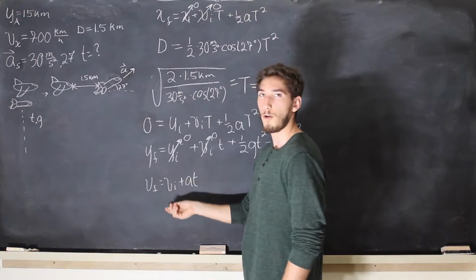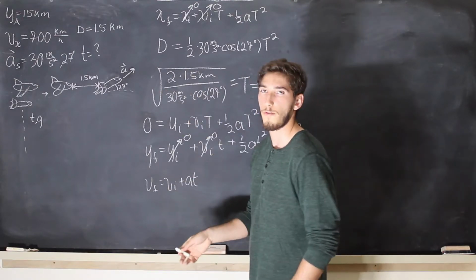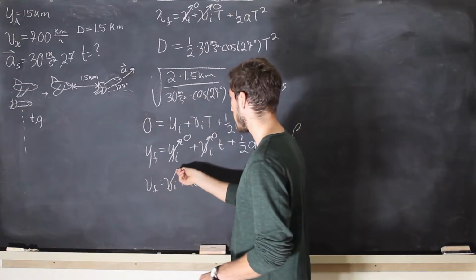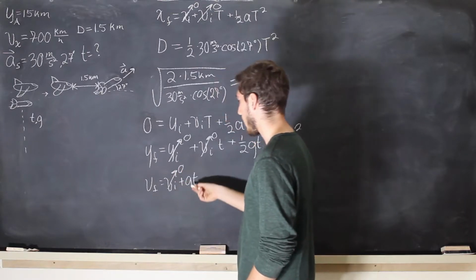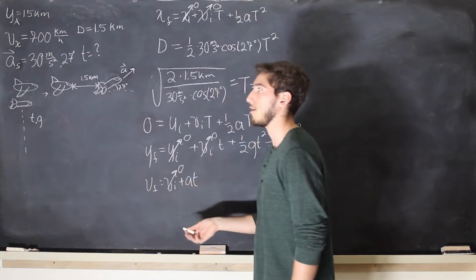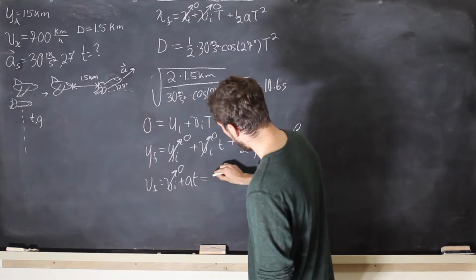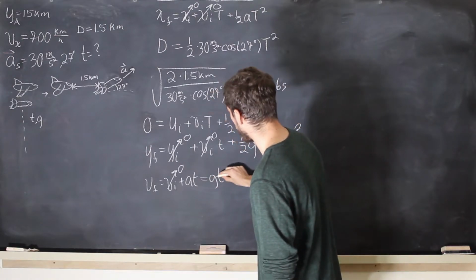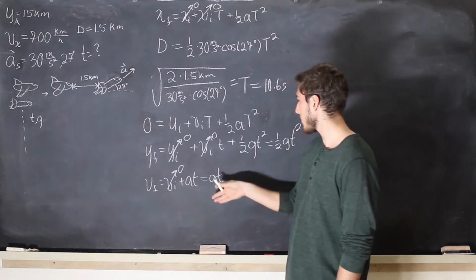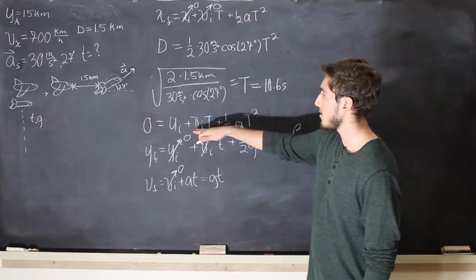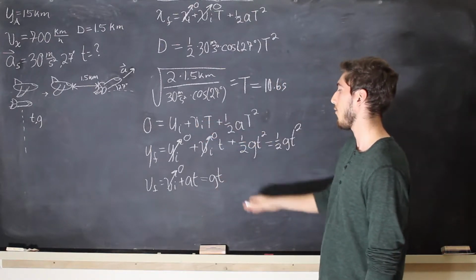But v initial, of course, the shuttle does not start with any initial velocity, so this goes to 0. And the acceleration in the y direction when the shuttle gets dropped is gravity, so v final is going to equal gt. And now we can plug these two terms into this formula and solve for t.